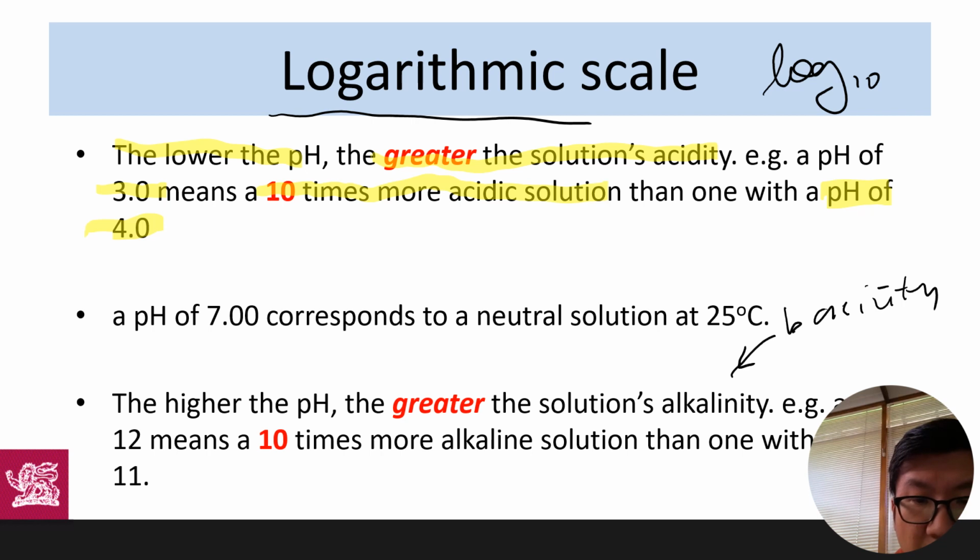So if we're describing it in terms of alkalinity, then the numbers work in the opposite direction. So be careful in terms of what it is that the question is describing, if it's describing acidity or if it's describing alkalinity.